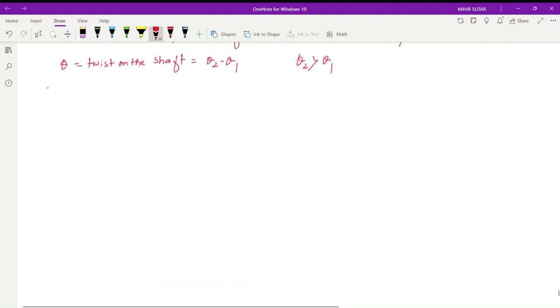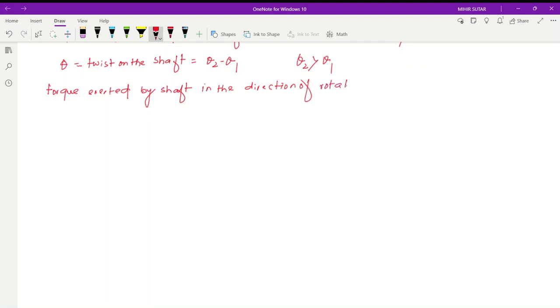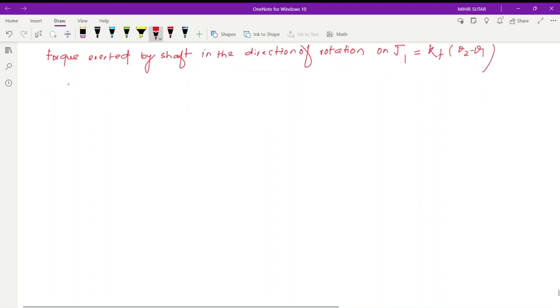And the torque exerted by the shaft in the direction of rotation on J1 is Kt times theta 2 minus theta 1, and the same torque is exerted on J2 in the opposite direction.